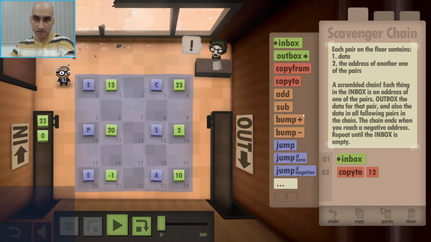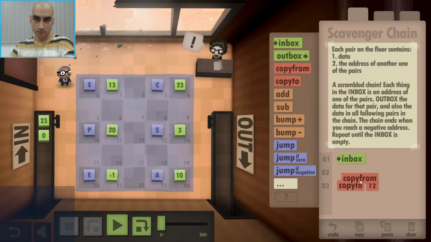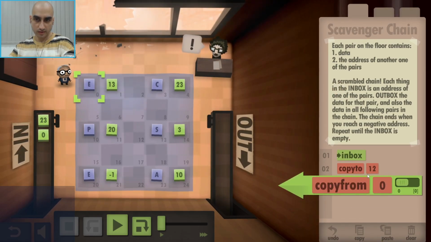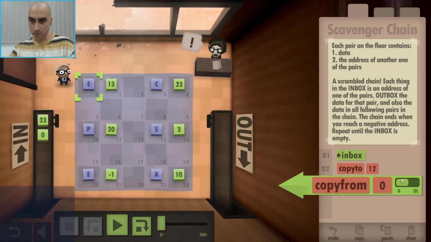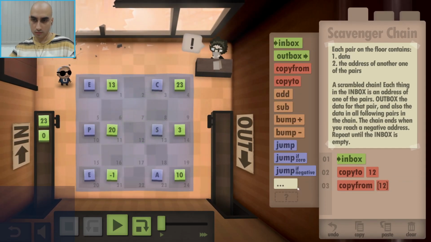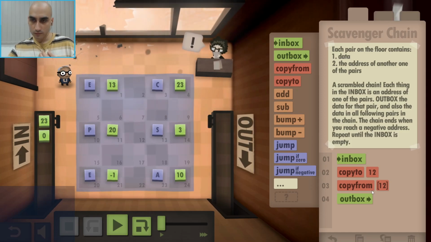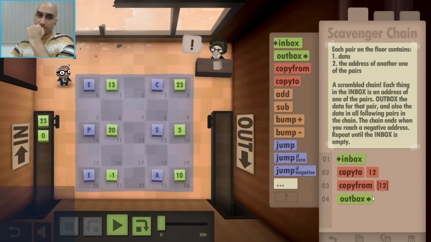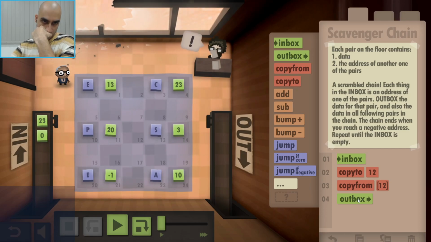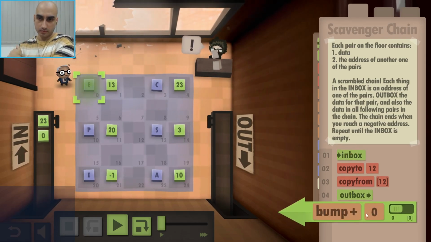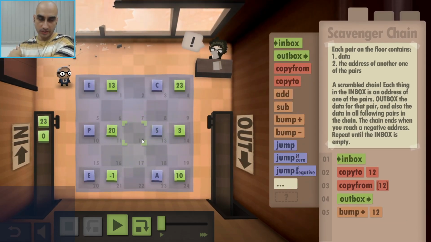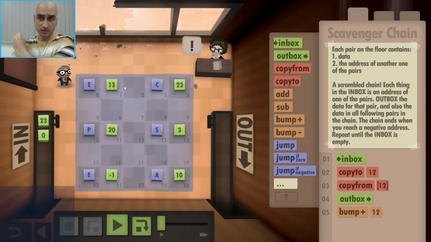Then we pick up whatever that address is pointing to. Output it. Then we have to bump that address to get to its corresponding address.